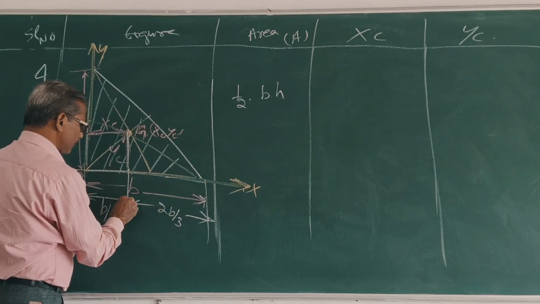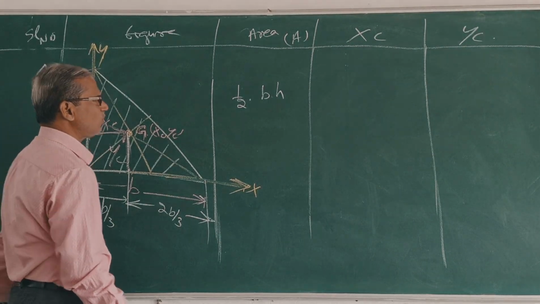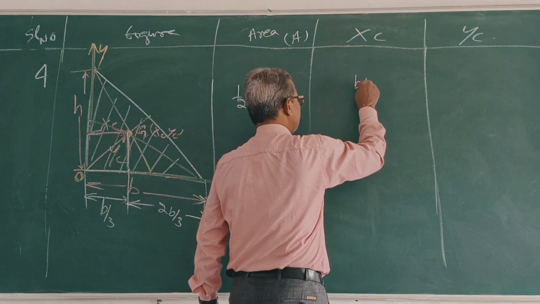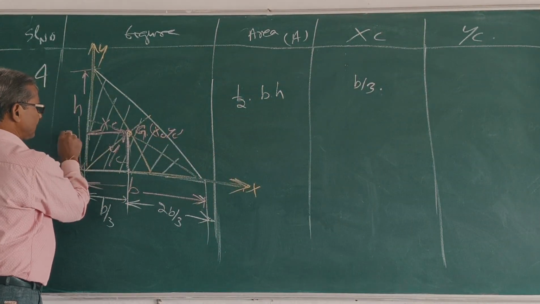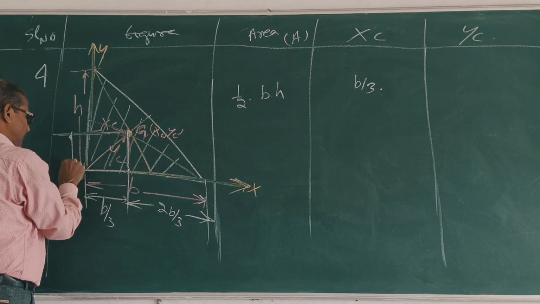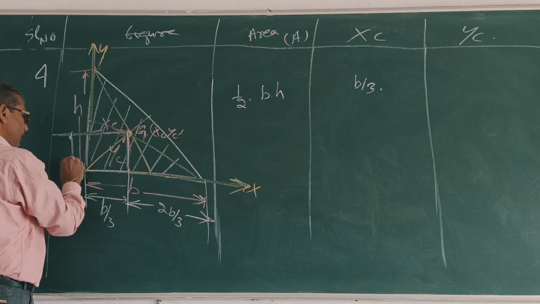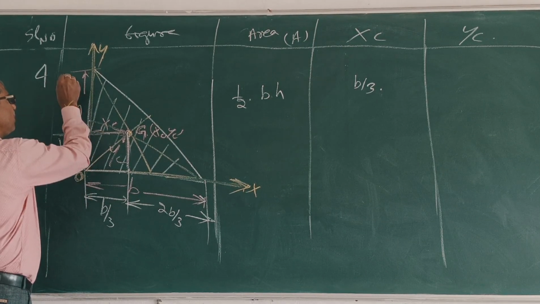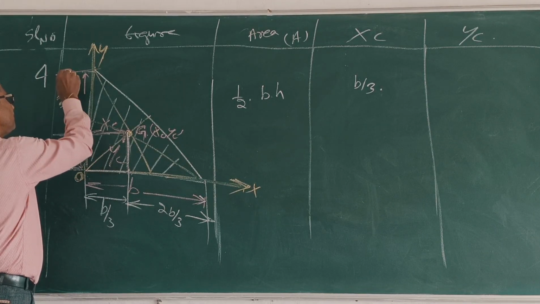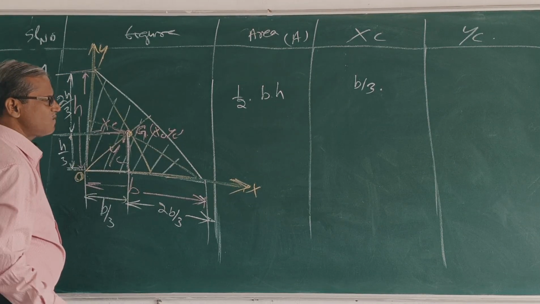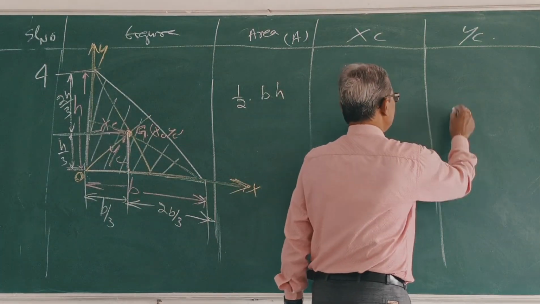Here XC is equal to B by 3. What is YC? This is YC. What is this length? H by 3. What is this length? 2H by 3. Clear? This is H by 3.